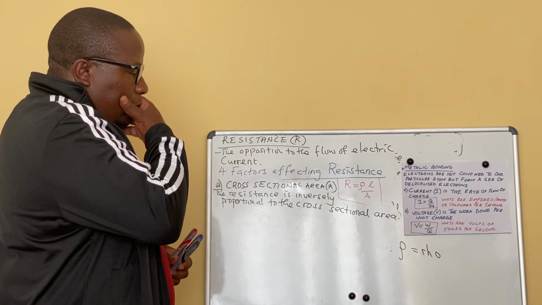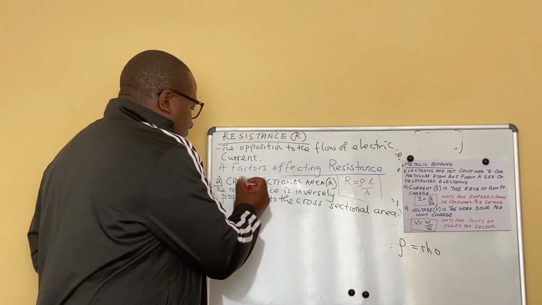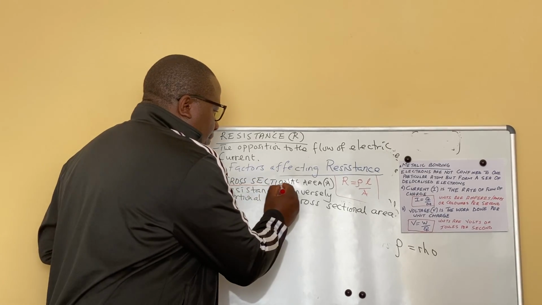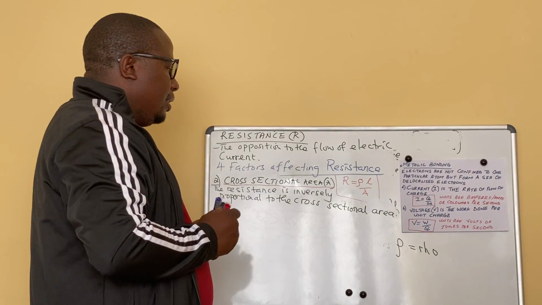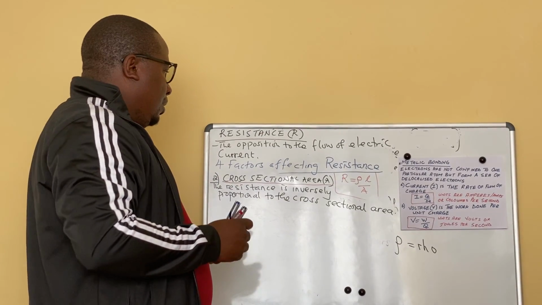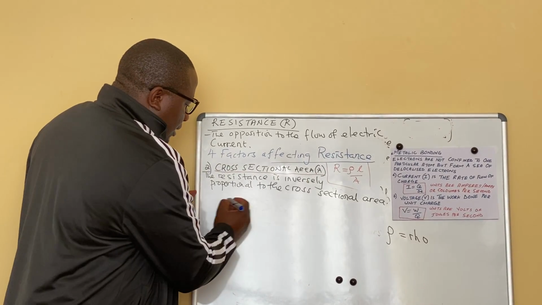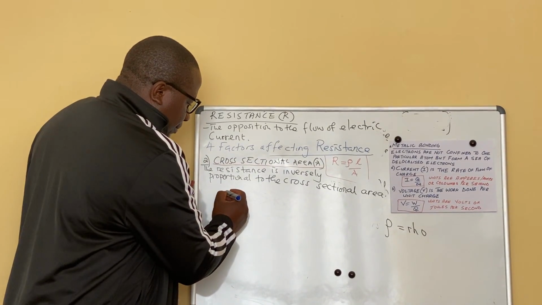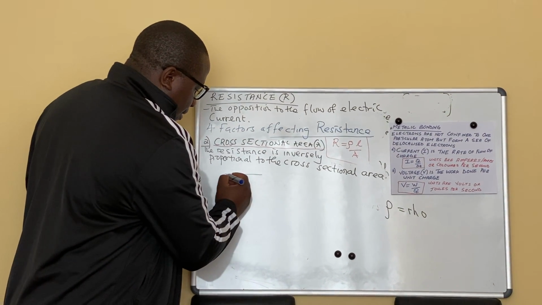What does this mean? This means that the thicker the conductor, the lower the resistance. Let's put it into perspective. Let us say I have two conductors again.